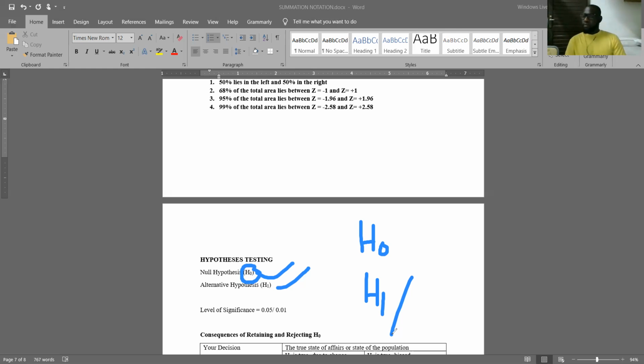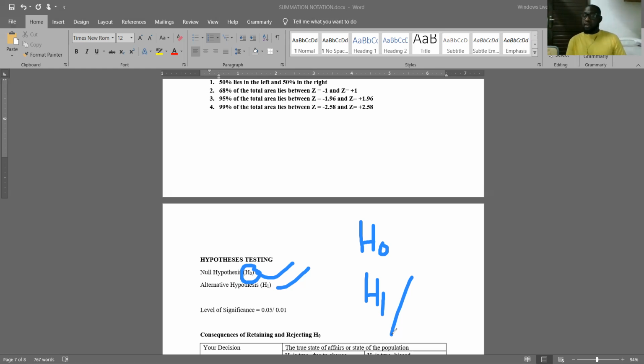But before I go to the field to test this, I should make a prediction. So before I give them the test and everything, as a researcher, I should formulate my own prediction, my own hypothesis. The hypothesis that I'm formulating is what is referred to as the alternative hypothesis.